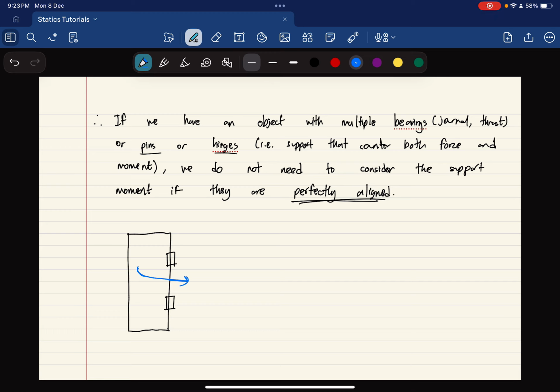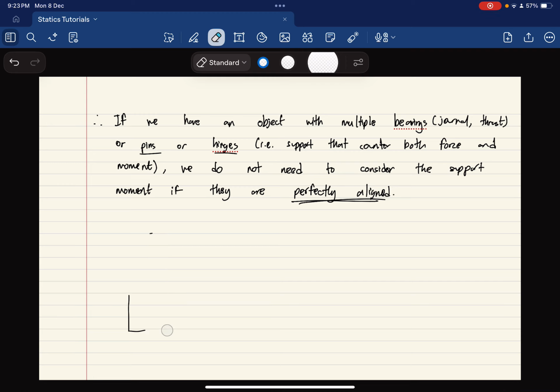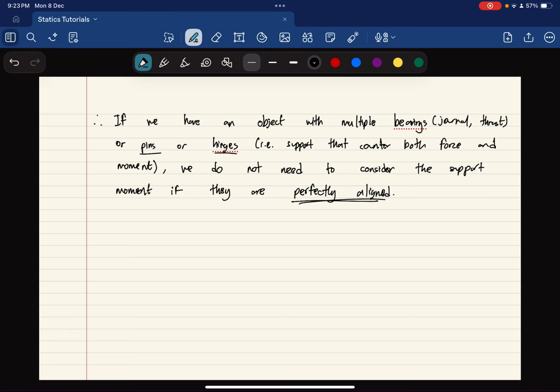Because if I were to draw the support reaction, for instance, let me draw now with the free body diagram. It'll be easier for you guys to understand. Let's try to do a free body diagram here for the door. Okay, X, Y, and Z, and we draw the door.